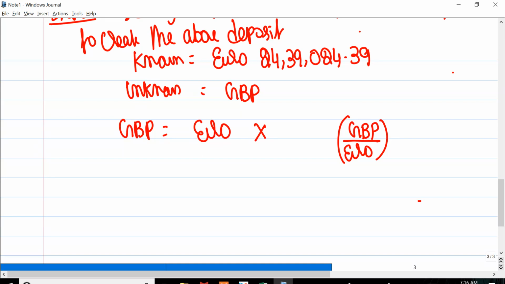In step 4, I'll take the loan, then do the currency conversion, then create a deposit. First we are doing the reverse working, and then we will do the normal working. So what are we going to do with the euros? We are going to buy euros. The bank is going to sell, and the bank will sell at the ask rate. Be very careful about this, otherwise you will end up making a mistake.